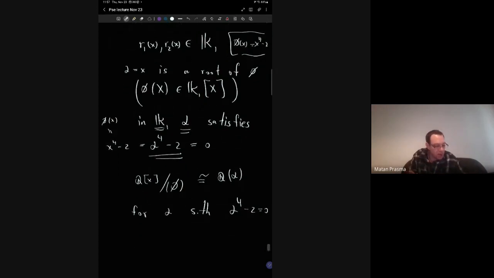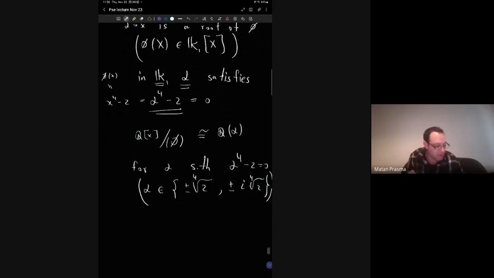We know a posteriori that alpha is either a plus or minus fourth root of 2, or a plus or minus i times a fourth root of 2. But this I put in brackets because we don't know. For us, alpha is just a symbol satisfying a relation.